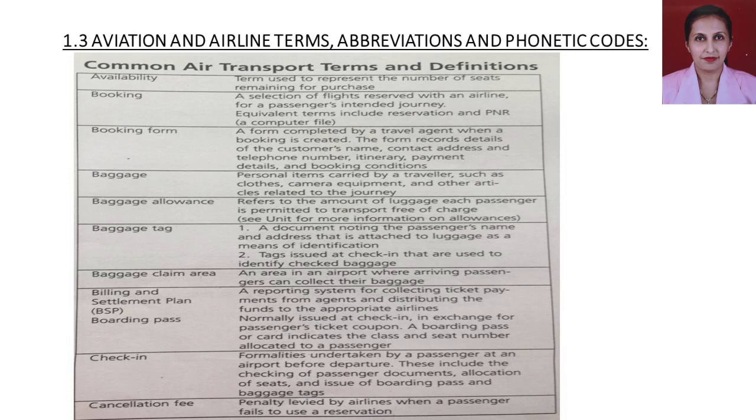Now you'll think I have said formalities, so what are the formalities that are included in this? The first formality: checking of passenger documents. That means if I am the passenger and I'm traveling in Indigo Airlines from Mumbai to Mangalore, I will carry a ticket and I will carry an ID proof.